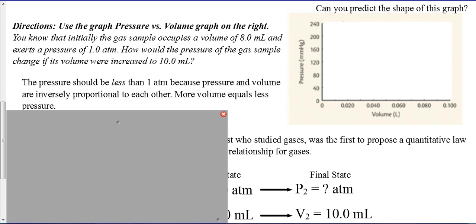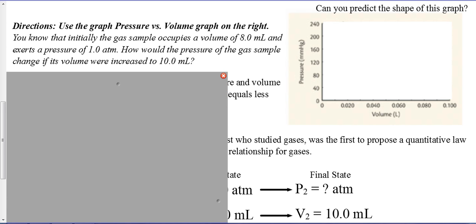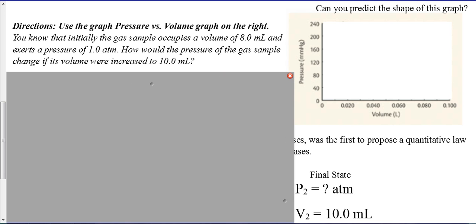So now that we kind of understand that, let's apply it to a problem. This problem is going to be associated with the graph to the right. Let's say that you know that initially a gas sample occupies a volume of 8 milliliters, which is a pretty small area. That's about the size of the syringe that you had.